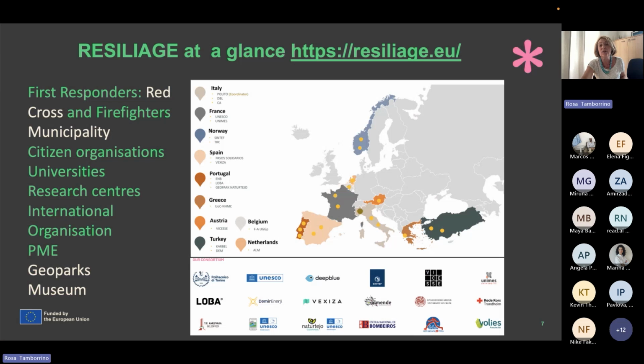bringing together a lot of different kinds of competencies and expertise, and especially clustering some important stakeholders in disaster risk management, considering all of them as leading actors: first responders, and we include in our consortium the Red Cross and firefighters, municipalities, citizen organizations, knowledge organizations such as universities, research centers, international organizations, SMEs, geoparks, museums, non-profit organizations.